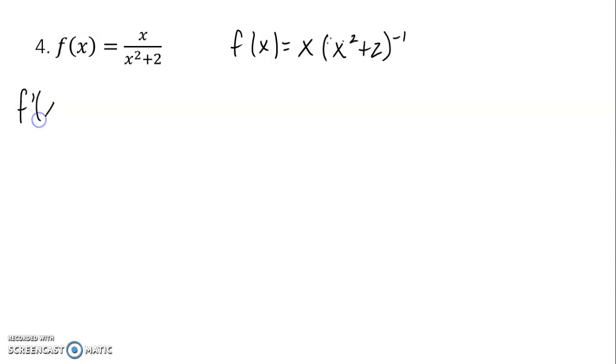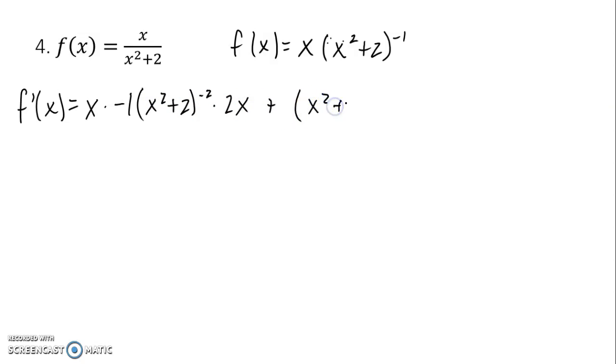So first derivative. First times the derivative of the second plus second times the derivative of the first. Okay? So like the method we just used, my GCF here would be x squared plus 2 to the negative 2.